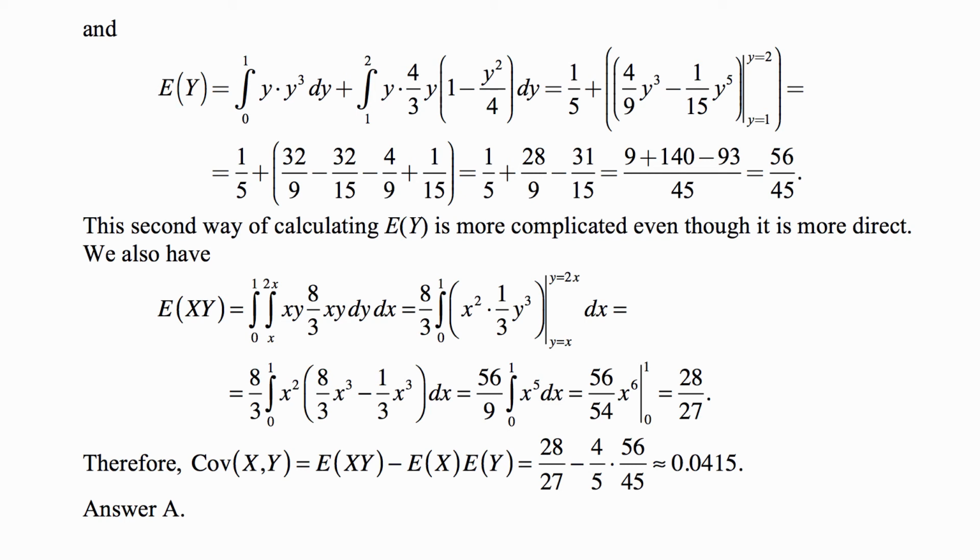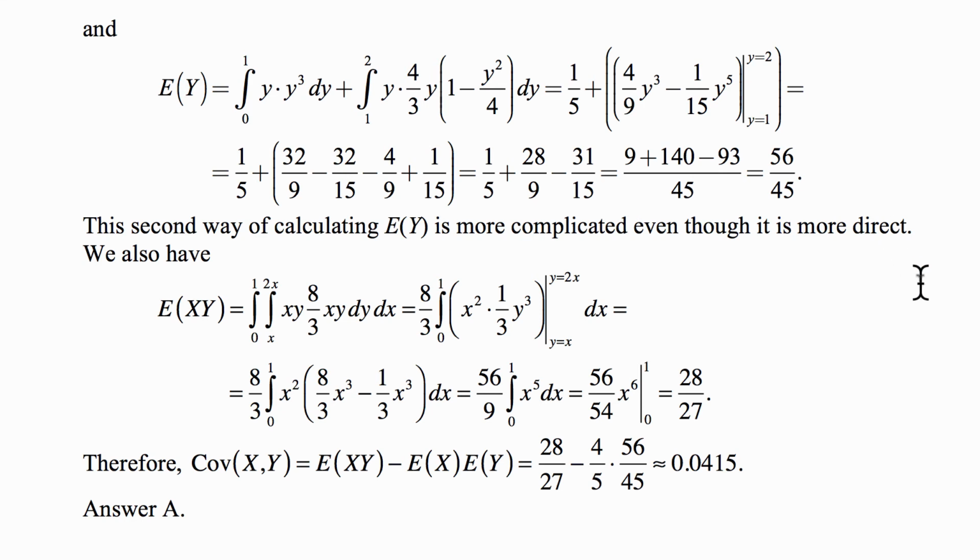So the first integral is the integral of y to the fourth from 0 to 1, which is 1/5, easily established. And the second one becomes 4/9 y cubed minus 1/15 y to the fifth, evaluated from 1 to 2.